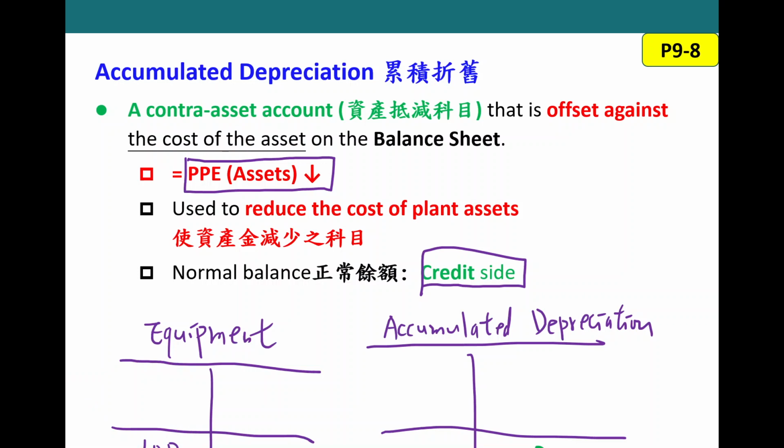So at the beginning cost $100. After you use, your PPE's value decrease $20.